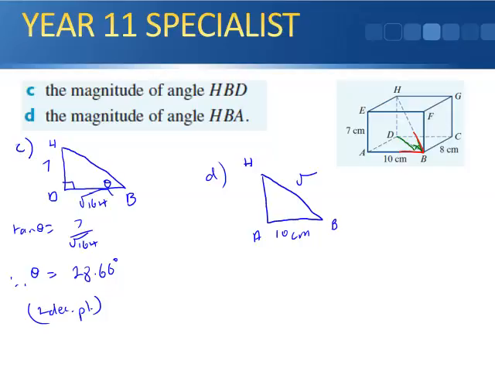HB, we worked out that is the square root of 213, and I want to know that angle in there. So I better put my right angle triangle in. So I've got cos for that, so cos of theta will equal adjacent divided by the hypotenuse, and then inverse cos to find the angle. So I've got 46.75 degrees, and that's to 2 decimal places as well.